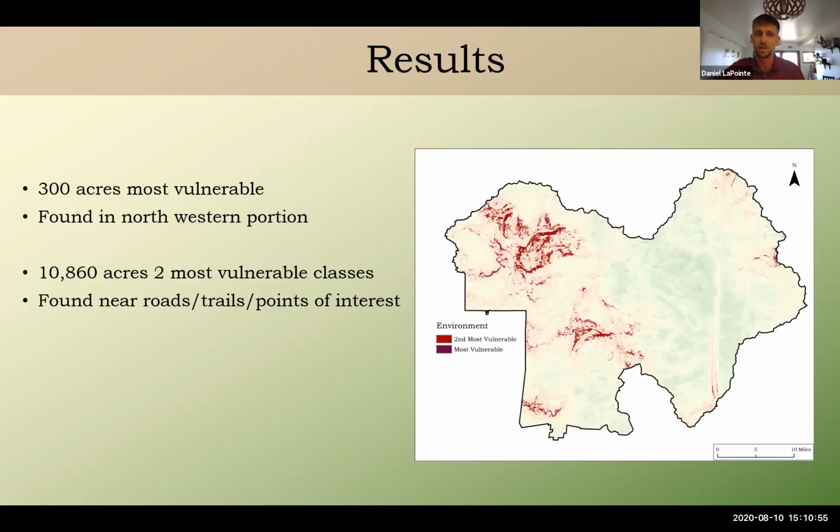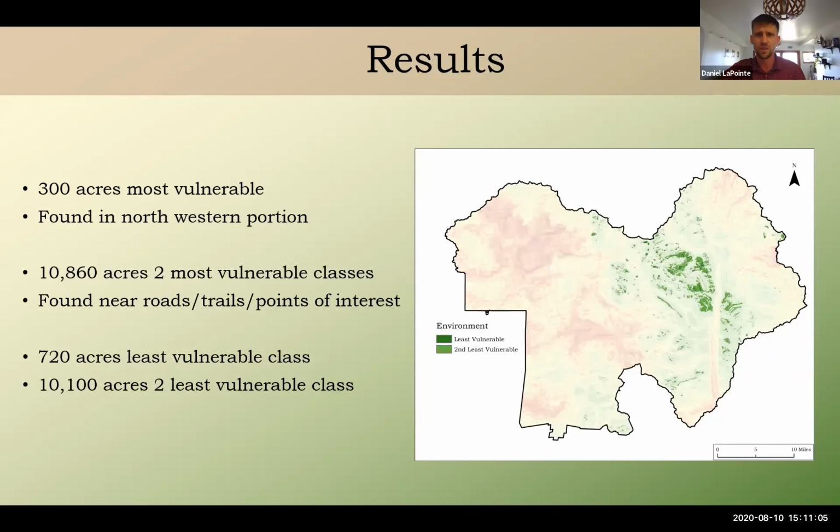Again, these are all around roads, trails, and points of interest. And you can see it highlighting the Mount Whitney area also to the east. Conversely, you can look at the least vulnerable areas, and that's more towards the eastern portion of the park. It's 720 acres being the least vulnerable class, and about 10,000 acres in the top two most vulnerable classes.